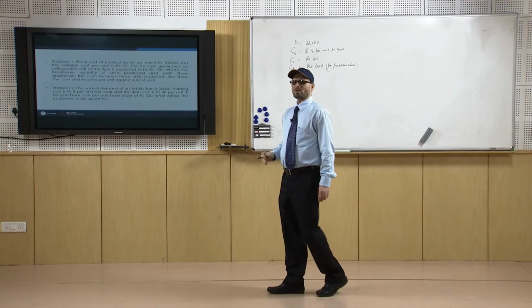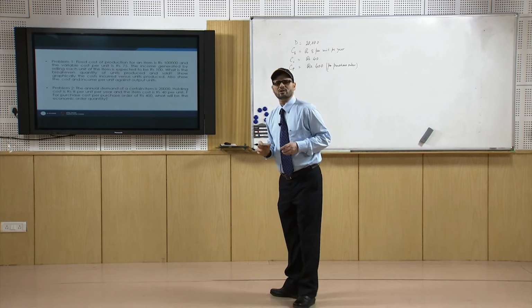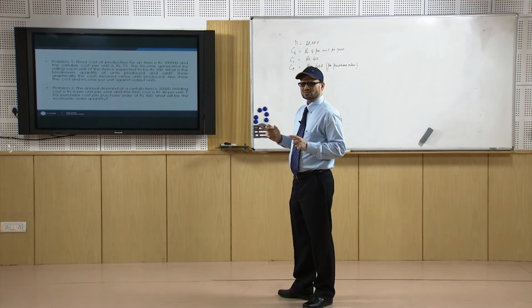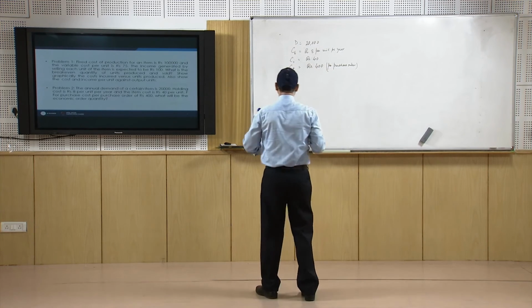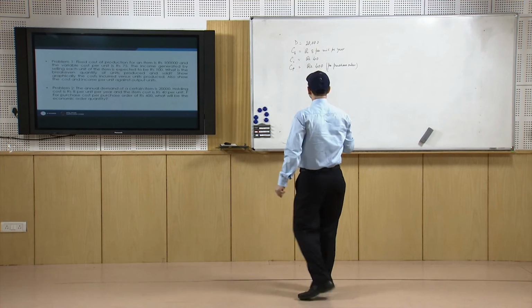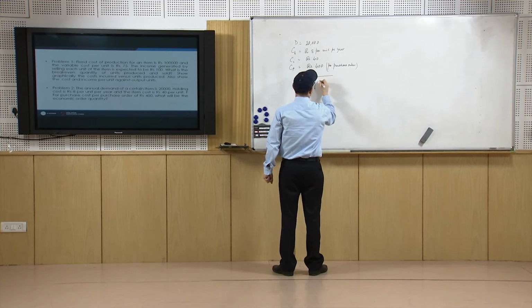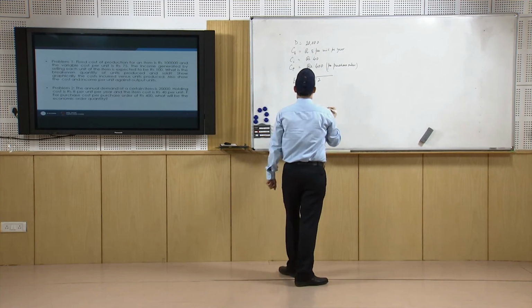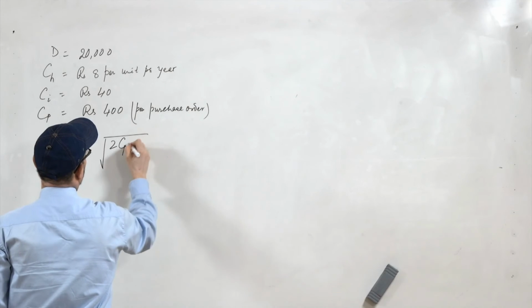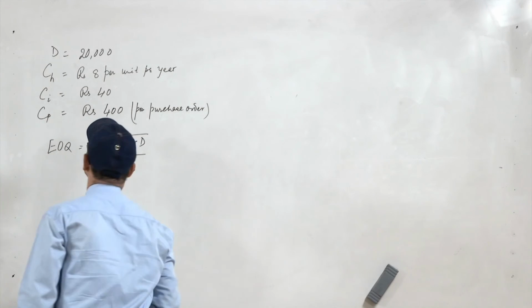For such problems, as we have discussed, we have the expression for the total cost, and we have the expression for the economic order quantity. The economic order quantity is under root 2 Cp D upon Ch.